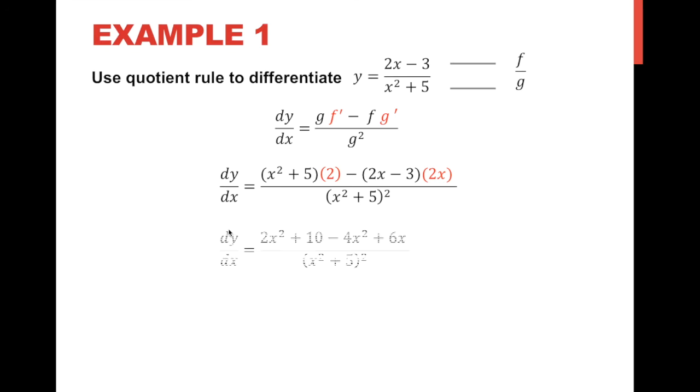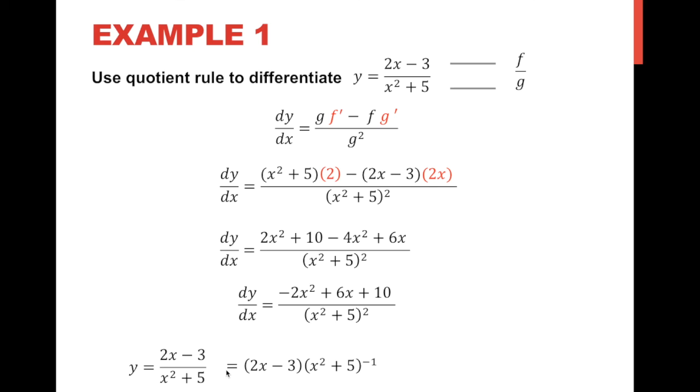Then simplify it. It becomes 2x squared plus 10 minus 4x squared plus 6x over x squared plus 5 bracket squared, and then combine the similar terms, and this is our final answer.